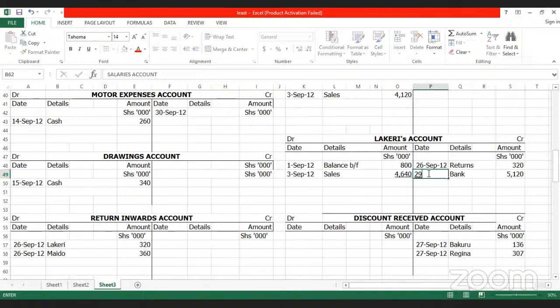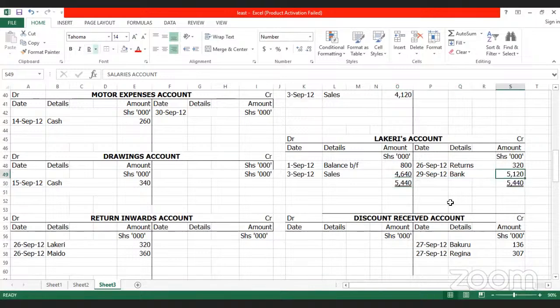You first find out the balance, then that will show the payment. The balance is 5,120,000. So with this account, you can also total it up because there will be no balance. This customer has cleared her account, zero balance.